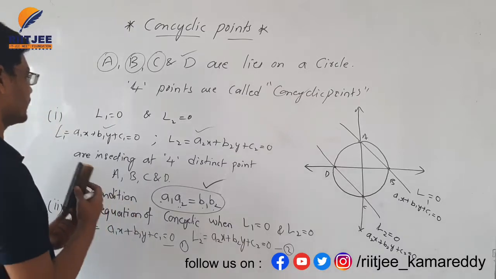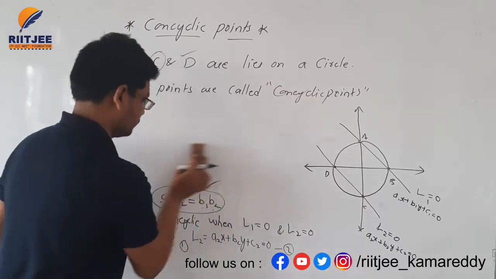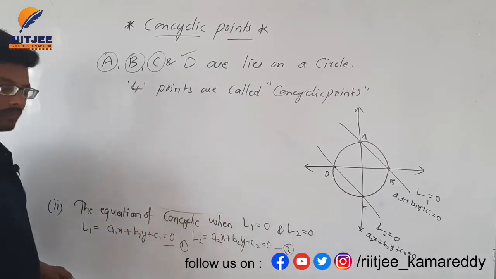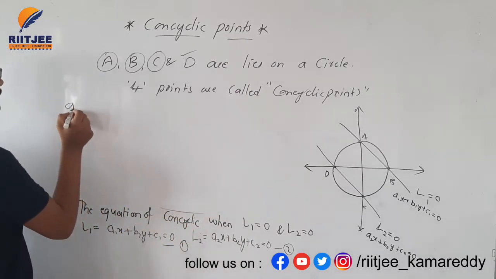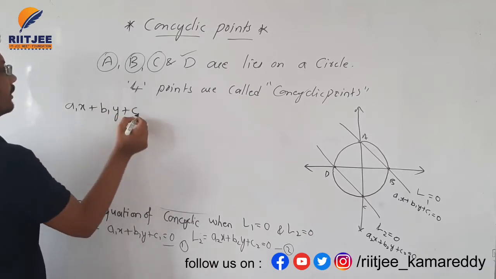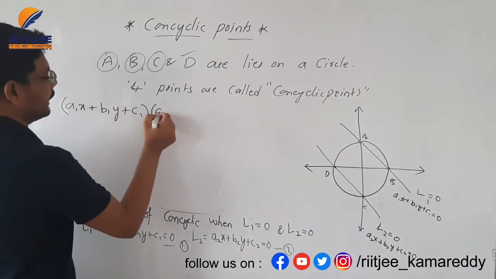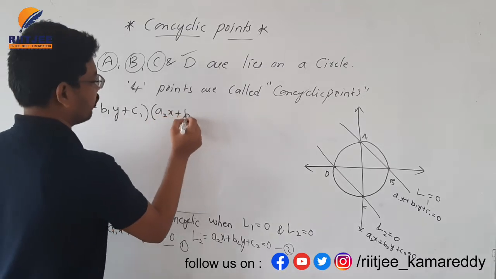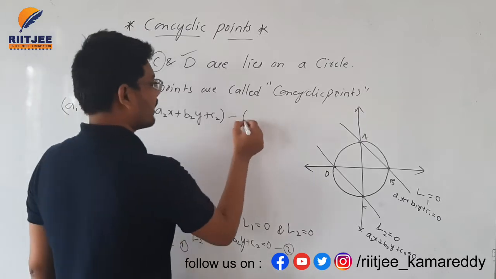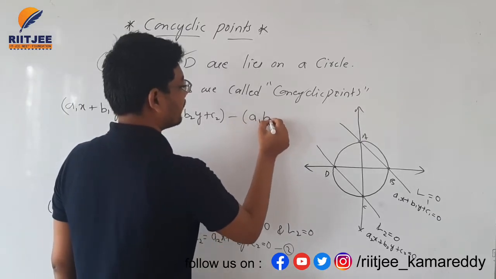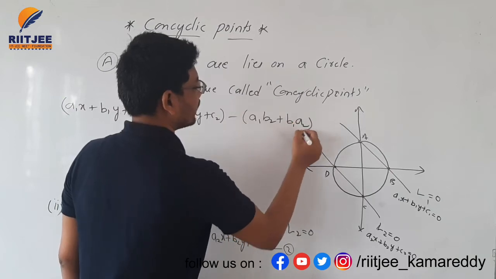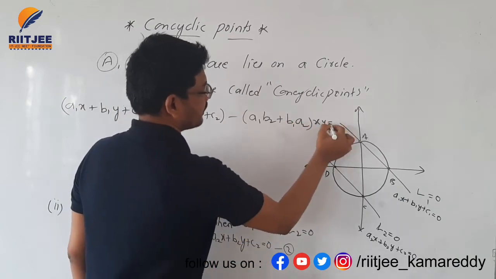That equation is a1x plus b1y plus c1 into a2x plus b2y plus c2 minus a1 a2 plus b1 b2 into xy is equal to 0.